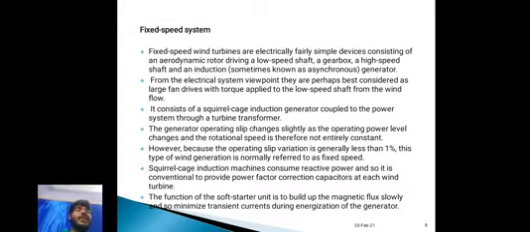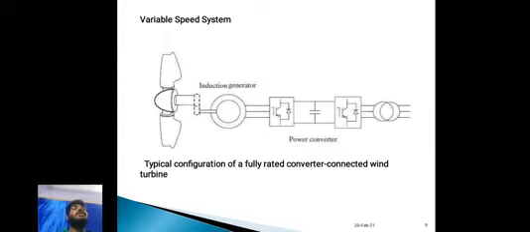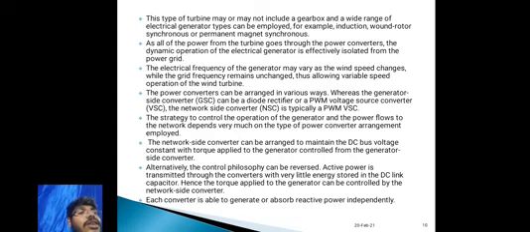Variable speed system. In a variable speed system, the induction generator rotor is directly coupled to the power converter components of the wind energy system. This type of turbine may or may not include a gearbox. The converter maintains the voltage and frequency of the rotor to maintain the speed of the generator.